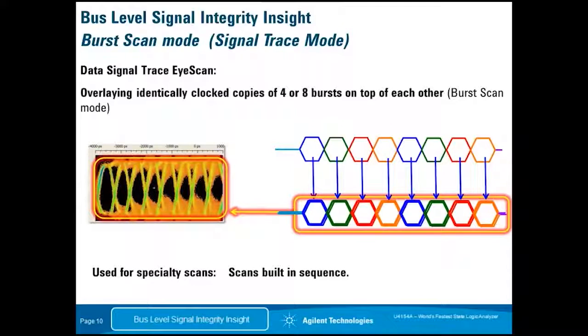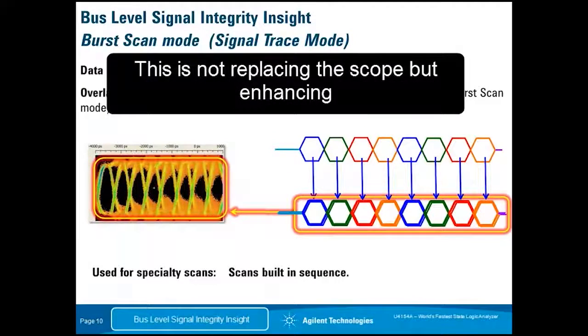You may become concerned that here you're viewing the effects of the logic analyzer probe and the location, which might be mid-bus for convenience, and seeing all of the effects in the signal integrity result. And that's true.